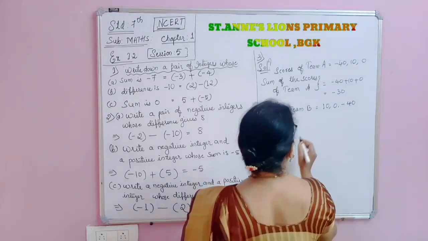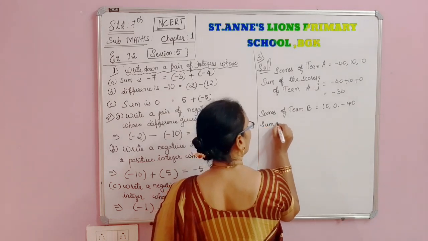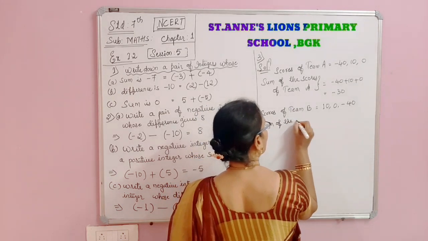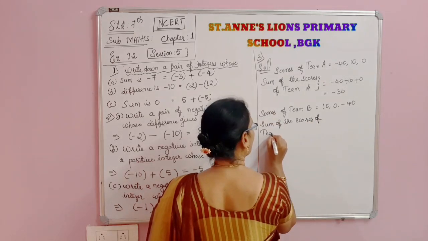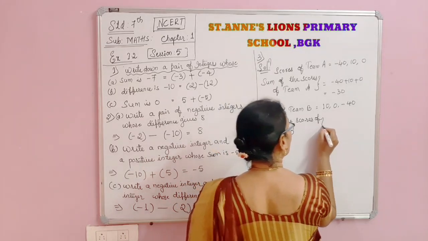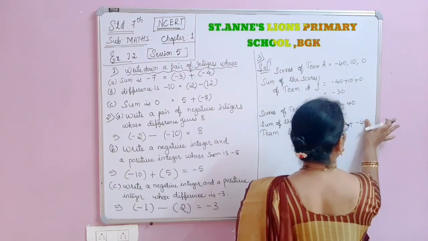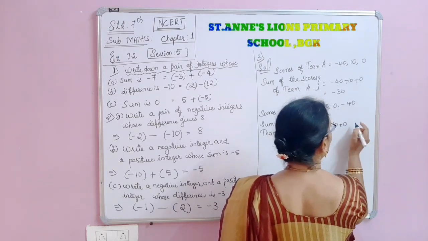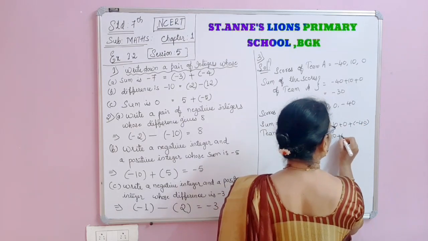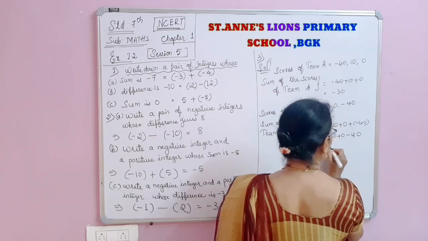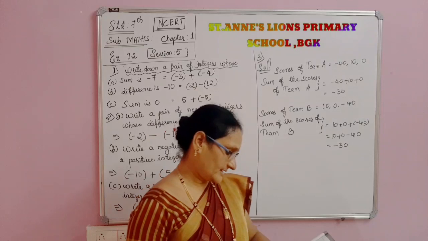So the sum of the scores of team B is equal to 10 plus 0 plus of -40, which means 10 plus 0 minus 40. It is also the same, -30 only. -40 plus 10 is -30 only.